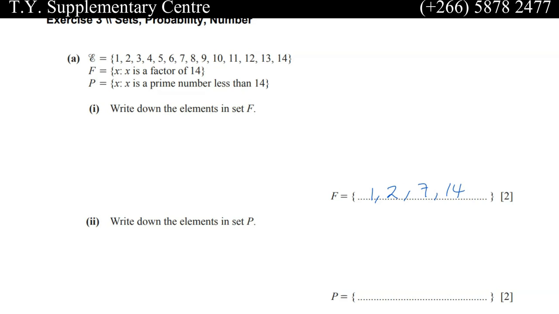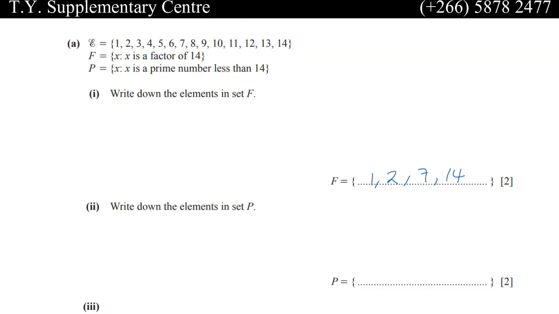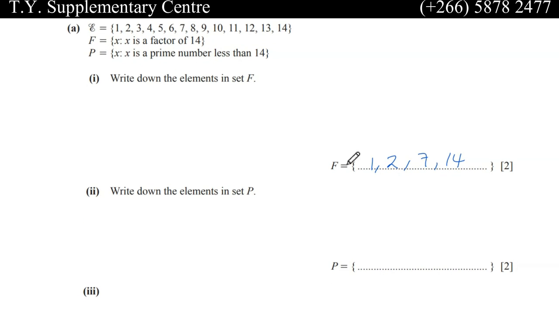All right, let's move on to Roman figure 2. Write down the elements in set P. Remember, the description of set P says x is a prime number less than 14. So these numbers x are the numbers in the universal set, but only those which are prime numbers less than 14.